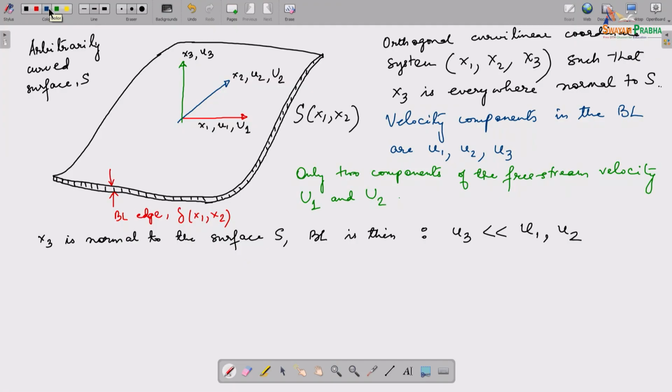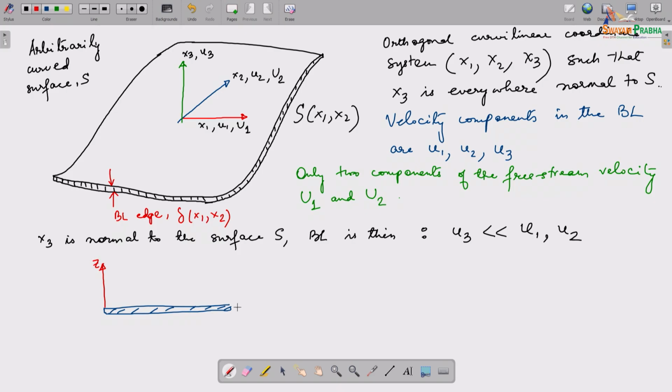If I were to explain that a little more, say I'm looking at a flat plate, the plate that you've looked at earlier, and the boundary layer forms on this.